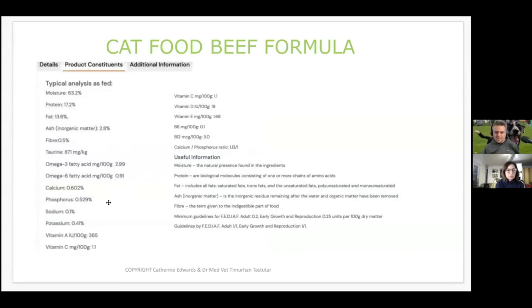But as you can see, they have a lot of added vitamins: vitamin C, vitamin D, vitamin E, B6, B12, and they put here a calcium phosphorus ratio of 1:1.3:1. This is very low. Not enough calcium for the bone, not enough calcium for the nervous system. This is not good.